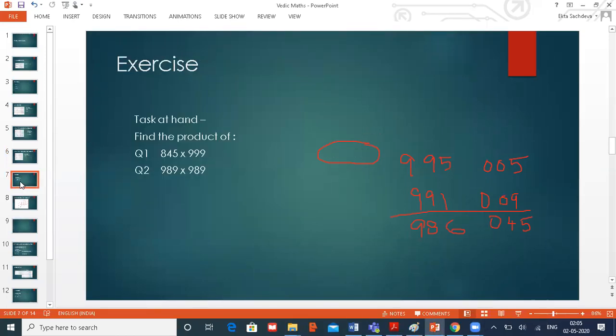So we have some other questions that you can try, you can practice, and you can give a head start. So you can post in the answers: 845 into 999. Again, the same thing. It's 999. I write 845. Now here there is a trick. There is one more trick I can add on. All right, so let's come back here.